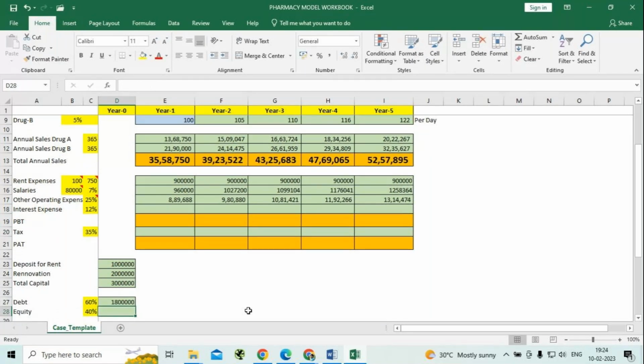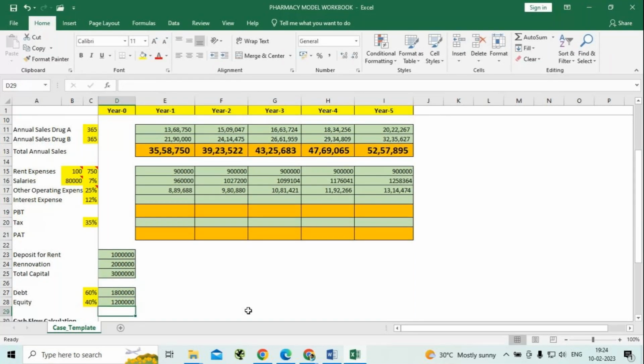Out of 30 lakhs, 60% comes to 18 lakhs, brought through loan, and the remaining amount is through equity.